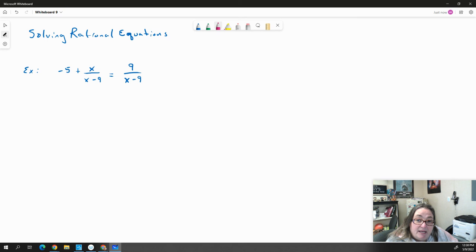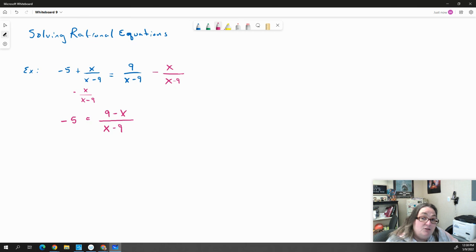So I'm just going to go ahead and subtract x over x minus 9 from both sides, right? What it does here is it just cancels it out completely, and I'm left with -5 equals 9 minus x over x minus 9.